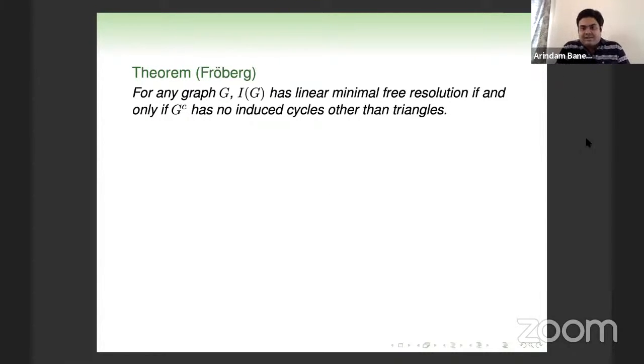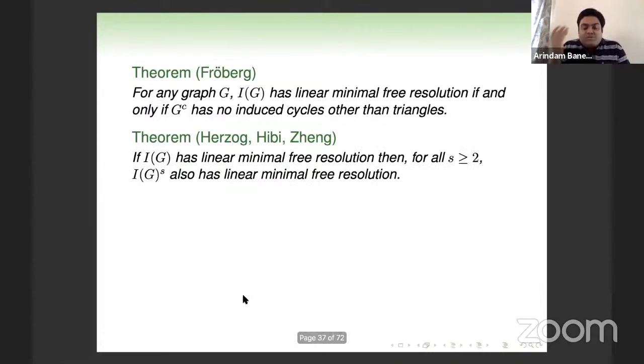So this says that, as I said, induced subgraphs will play a big role. Using this, in 2000, Herzog, Hibi, and Zheng proved a purely algebraic result: if I_G has a linear minimal free resolution, then for all s greater than or equal to 2, I_G to the power s also has a linear minimal free resolution. From an algebraic perspective, this is a stunning result.